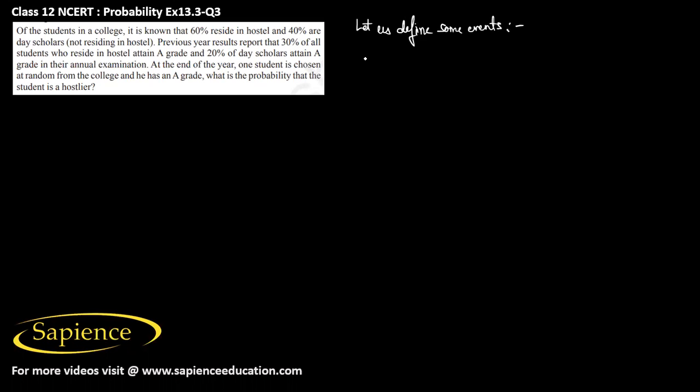So here, let's say the event E1 represents the event that the chosen student resides in the hostel, means he's a hostelier.